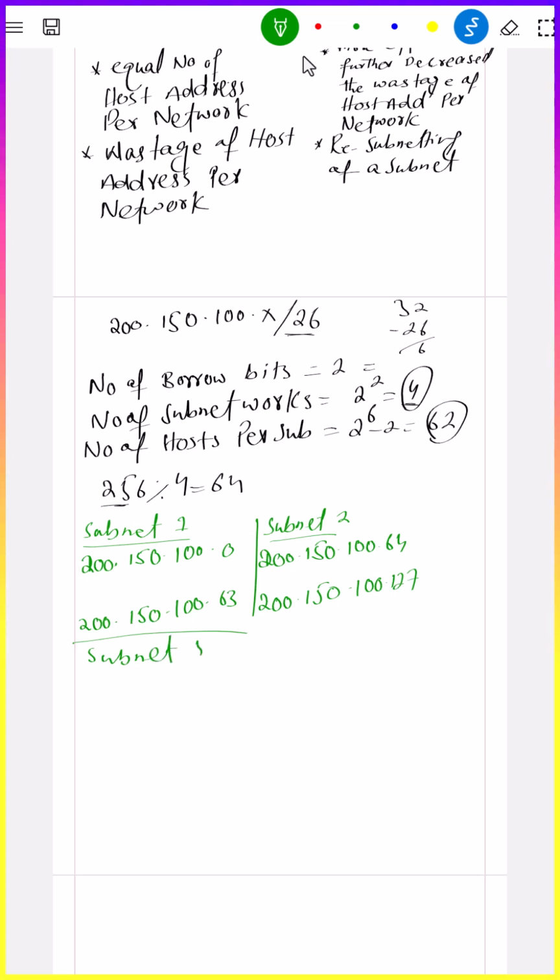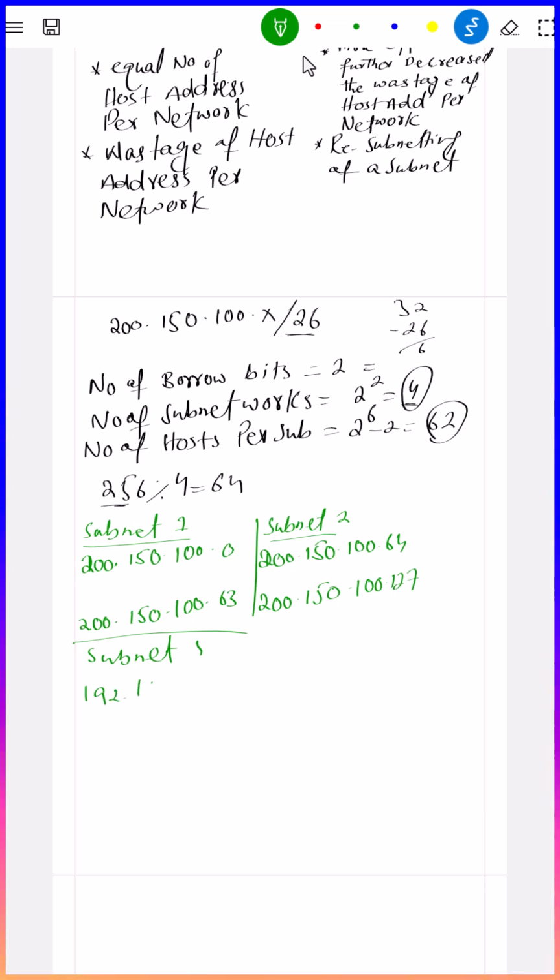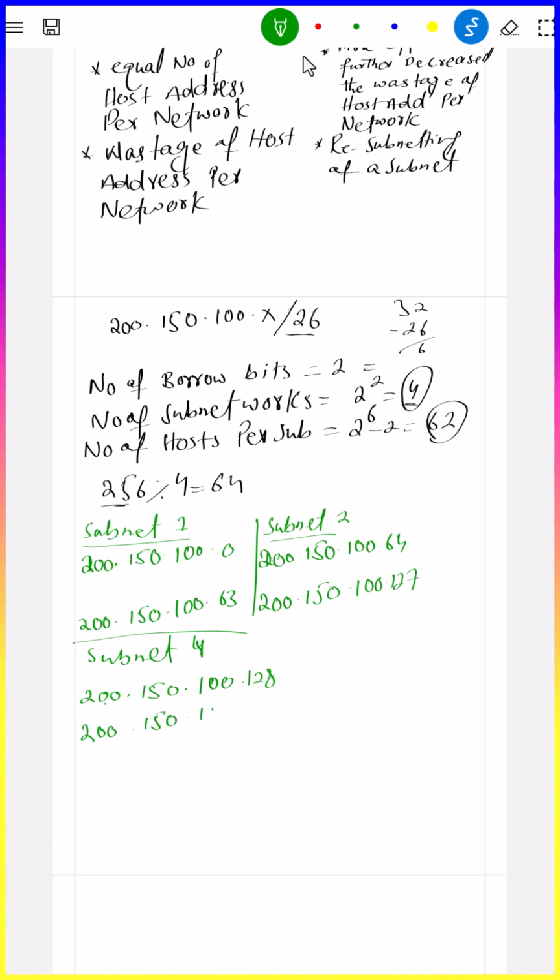And here subnet 4 is not 192, our address is 200.150.100.128, and it finishes at 191.